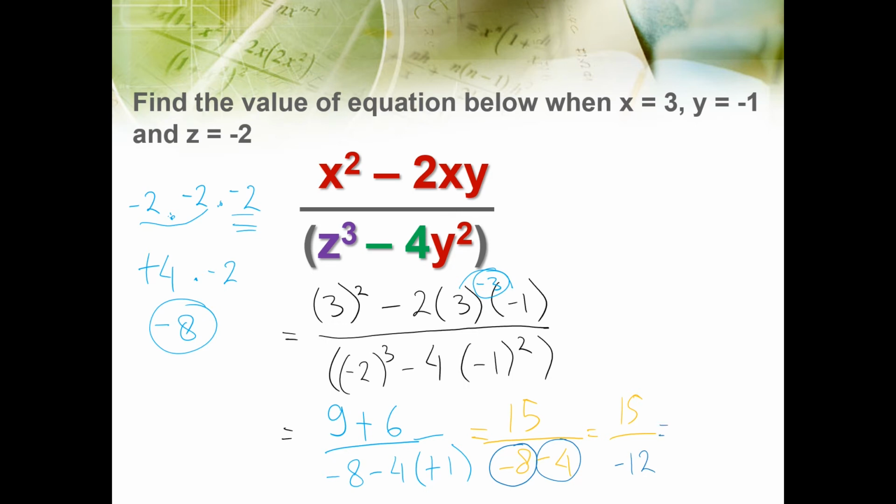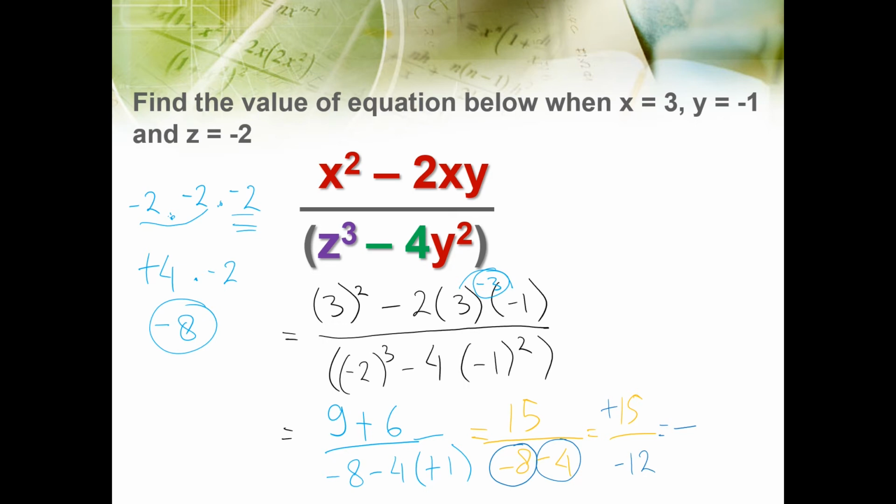Okay, so what is the answer if like this? So remember, the positive number divided by a negative number makes a negative number. And remember about the fractions?